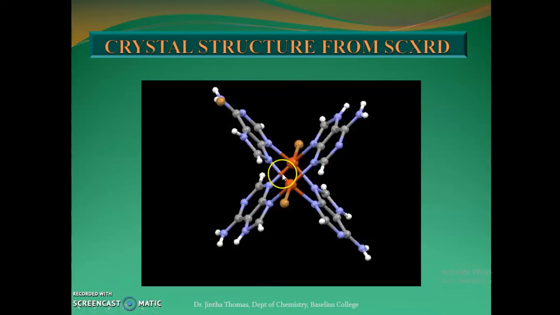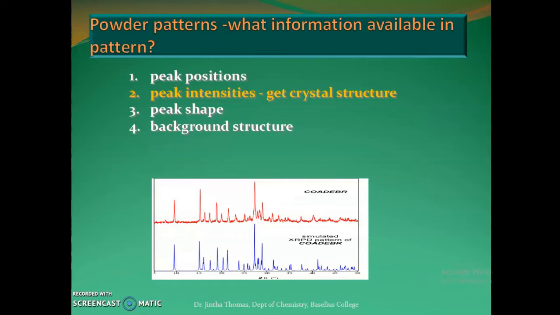You have already seen the single crystals of this particular coordination complex. So using powder XRD or single crystal XRD, you can reach the structure of a particular crystal. And we know these X-ray diffraction techniques are used in order to determine crystal structure, right?